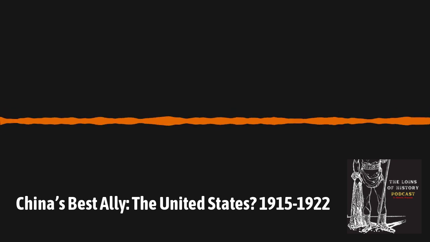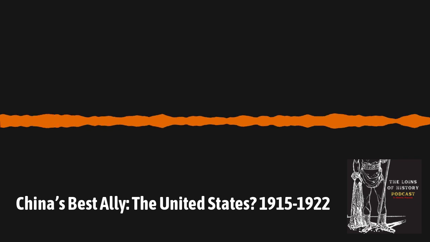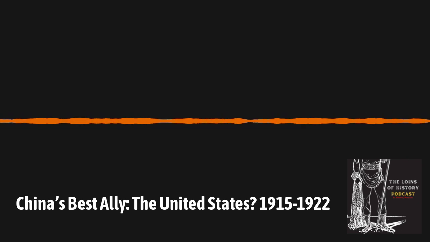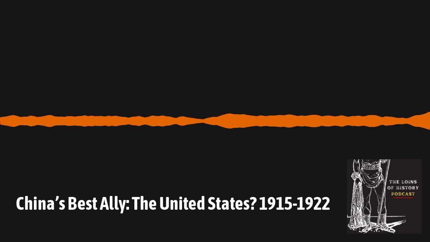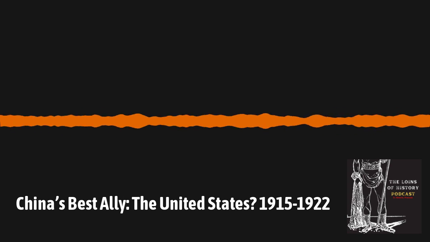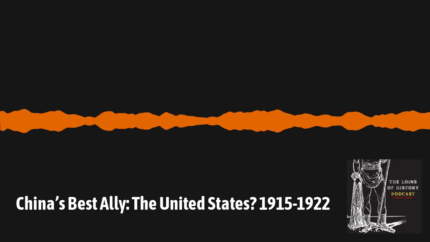So it's August of 1914, and Great Britain is gearing up for war with the Kaiser in Germany, and the British, kind of similar to the United States today, had an alliance network.